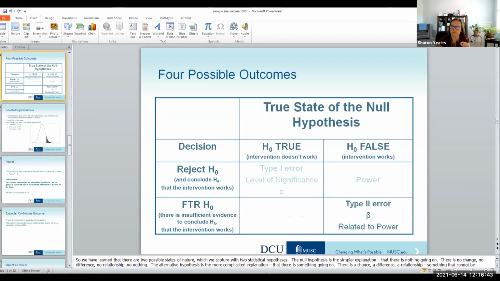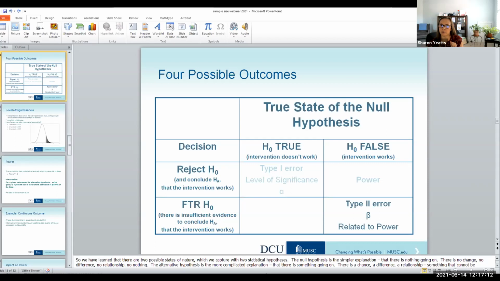Because we have 2 possible truths, right? The null hypothesis is either true or it's false. And I hope you all know that there are only two possible decisions that we can make at the end of a trial, right? We're rejecting the null hypothesis and concluding then that the alternative is true, or we're failing to reject the null hypothesis. So if the null hypothesis is true, that means your intervention does not work.